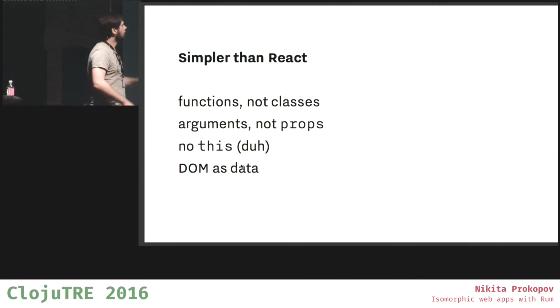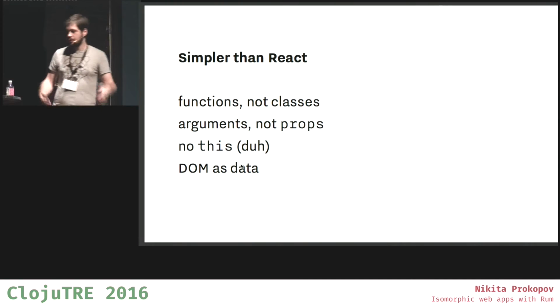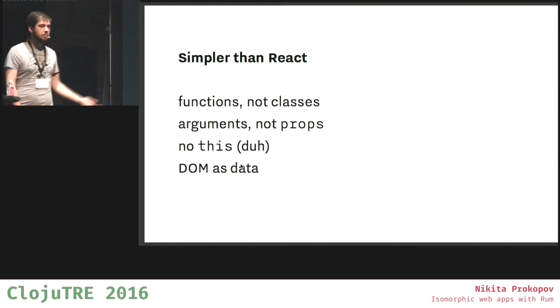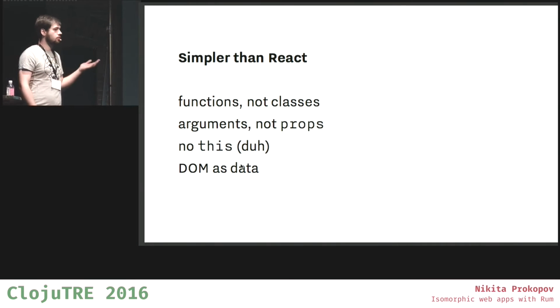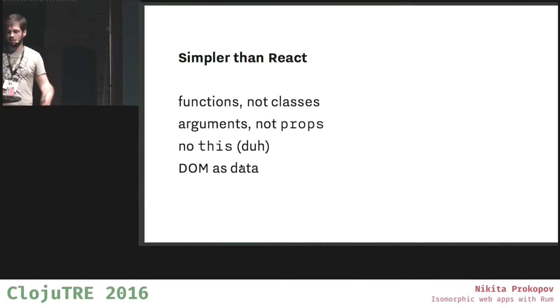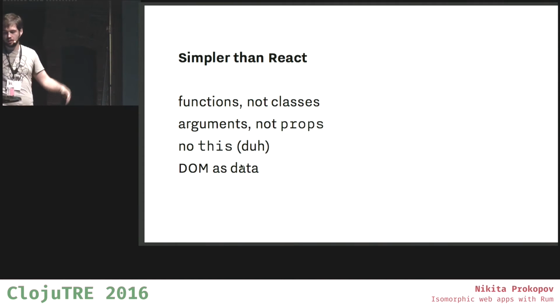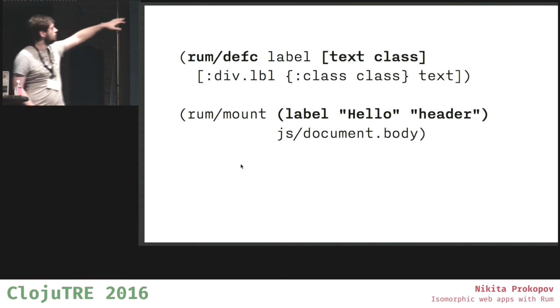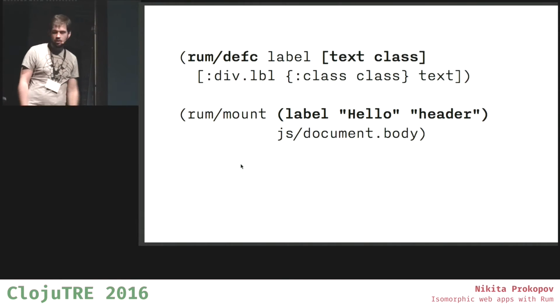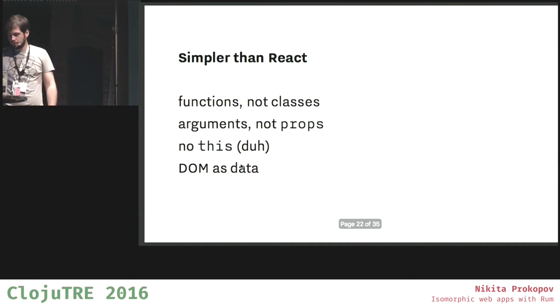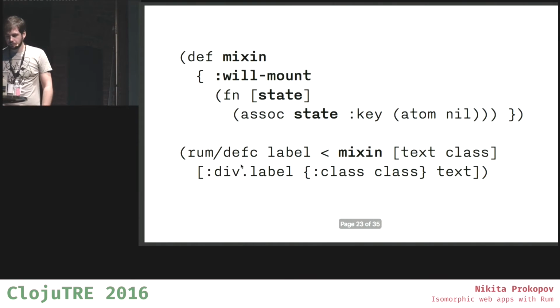Okay, so I decided, obviously, we're building a framework for ClojureScript developers, so this should feel natural to use from ClojureScript. So obviously, we decided on functions, not classes, on arguments instead of props. Use DOM as data, as in Clojure. So you can see that hiccup syntax is ClojureScript data structures representing the virtual DOM.